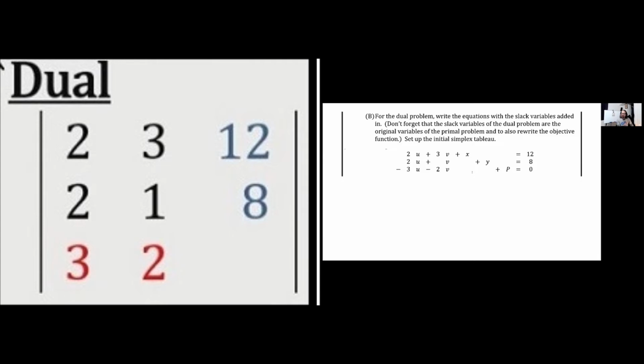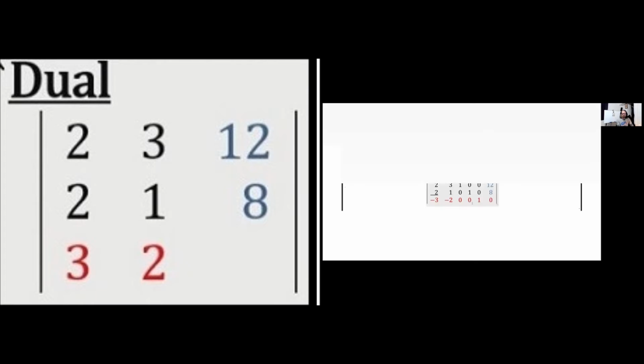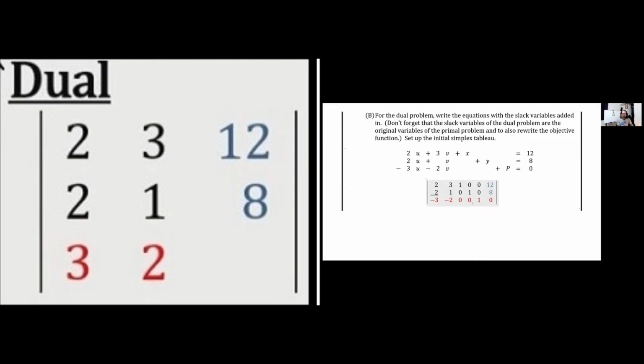Now we can set up the initial simplex tableau. And we do have negatives in the bottom row, the objective row. So which one has the greatest absolute value? The negative with the greatest absolute value is in column 1. That's the most negative entry.